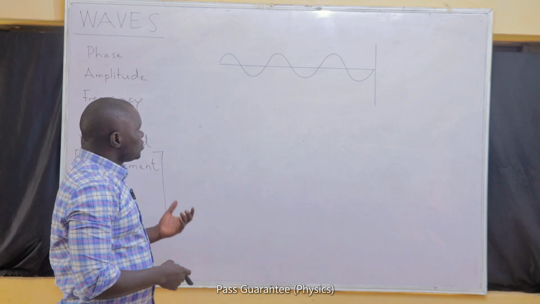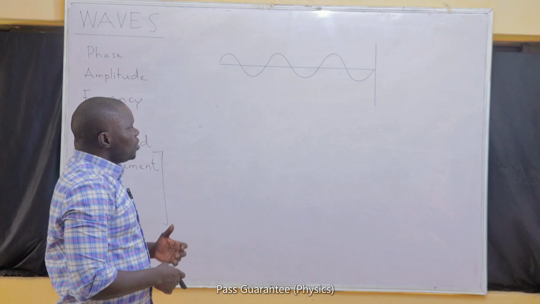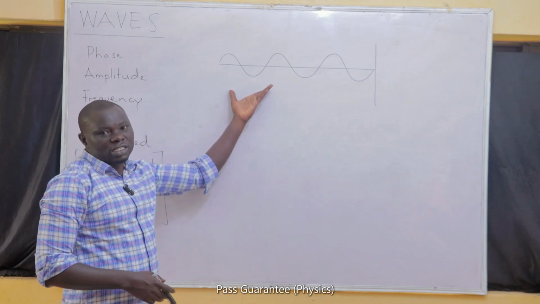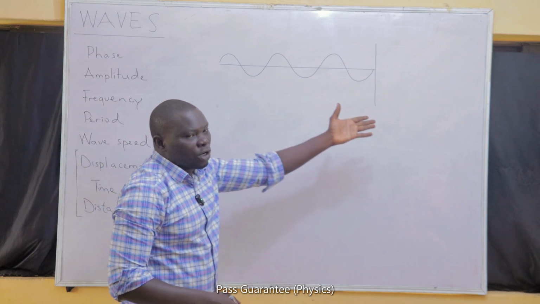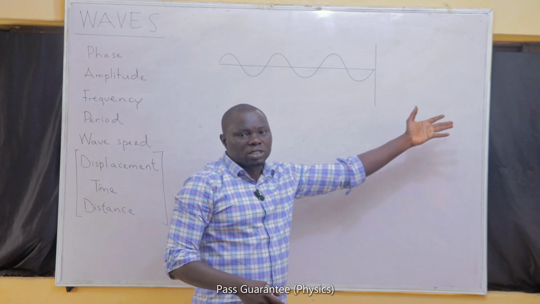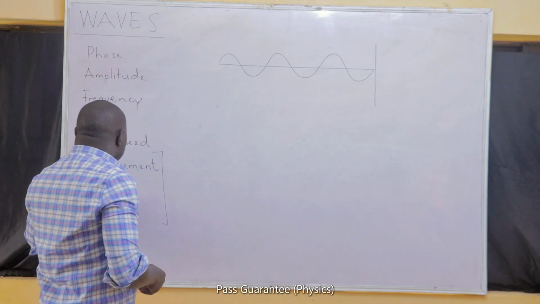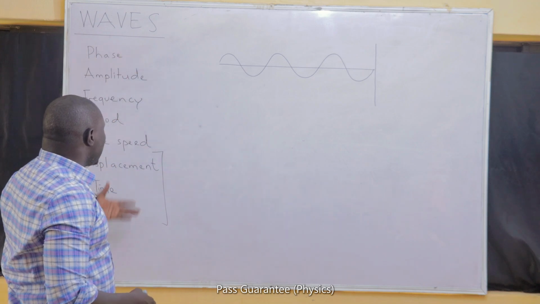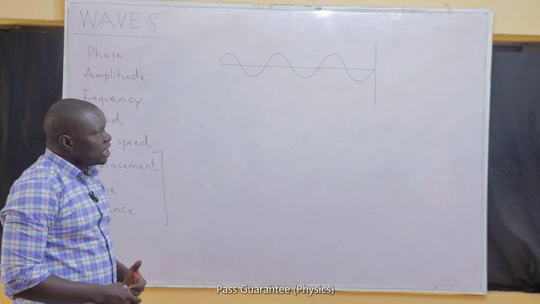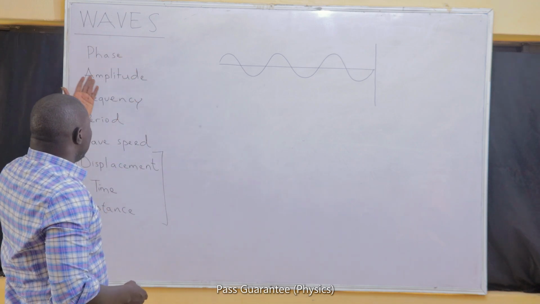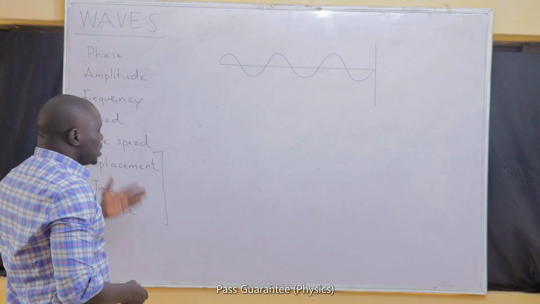Transverse waves are easier to represent. So most of the time, when we talk about the representation of a wave, we just talk about it for transverse and we include longitudinal. We show you how it can also be possible on a longitudinal wave. A transverse wave can have all of this, and a longitudinal wave will have all of this too. Anytime there's a wave, the wave will have amplitude, frequency, period, and speed.